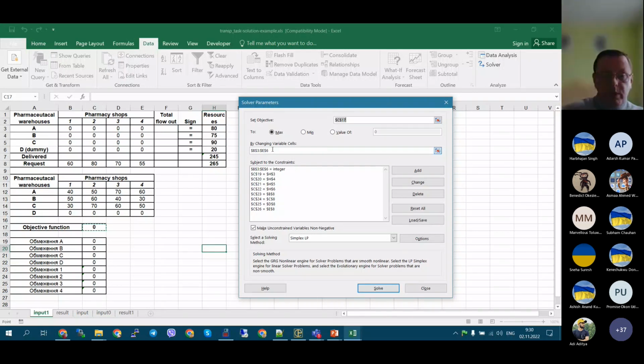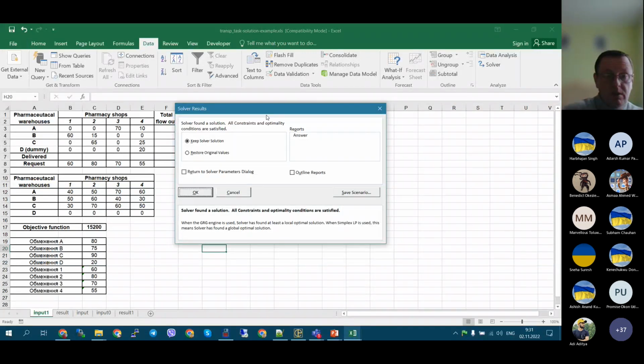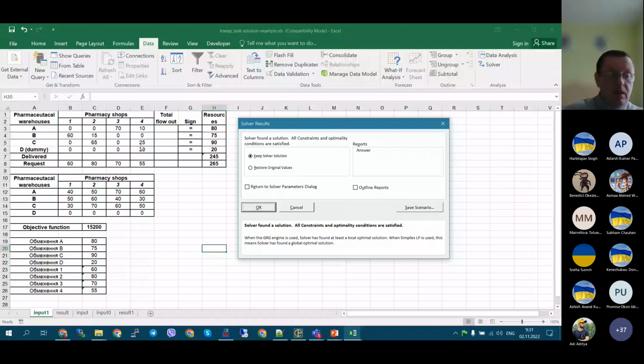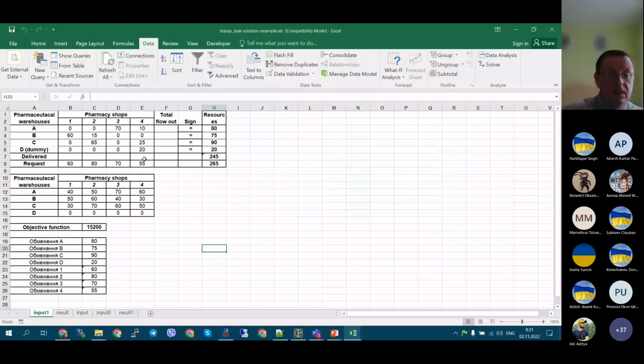Then we have the area for changing variables; solver will change them. Here we have all necessary settings, including that our output must be an integer value. We must provide an integer solution in this case. Once you prepare all these limitations, the only thing you have to do is save your result, and that's all.